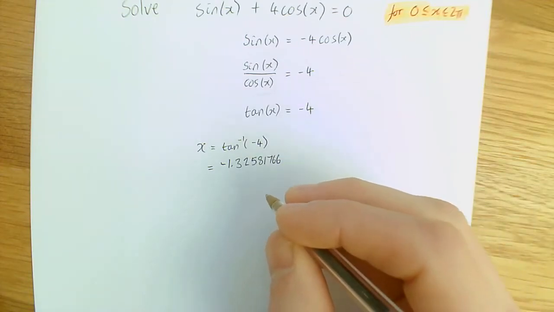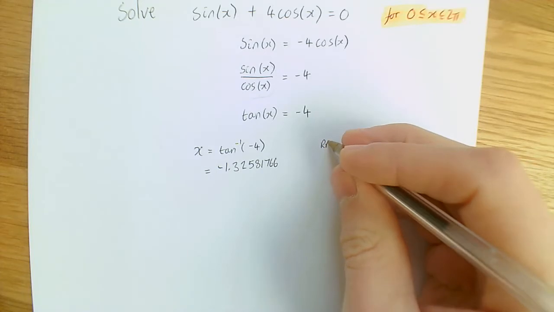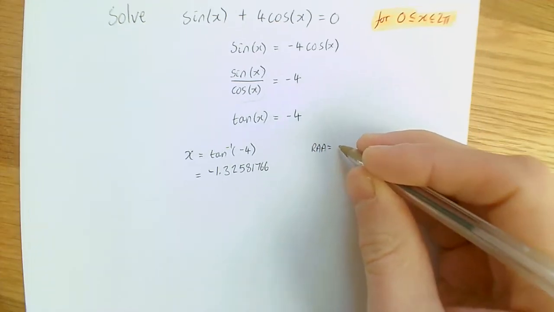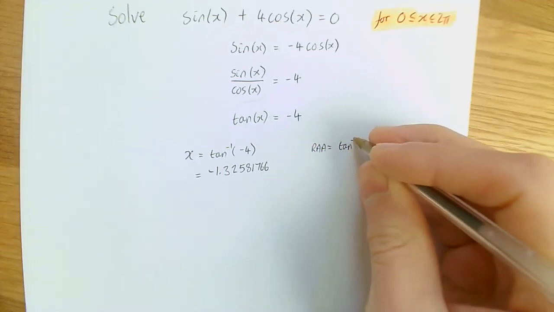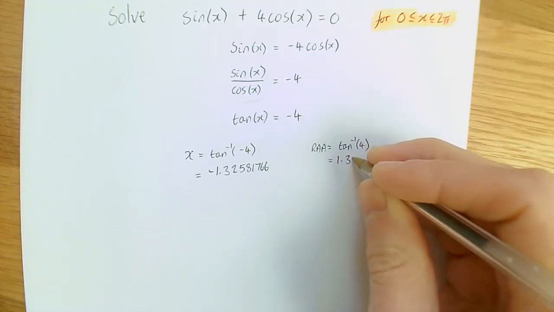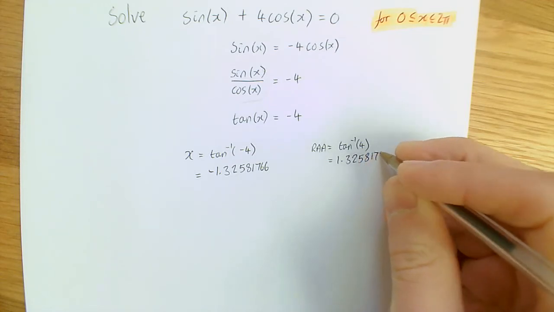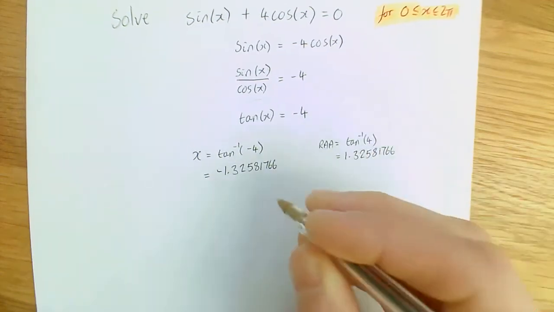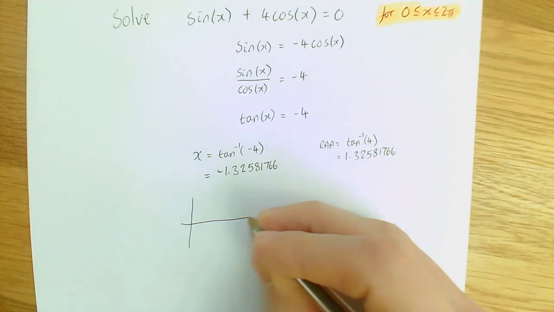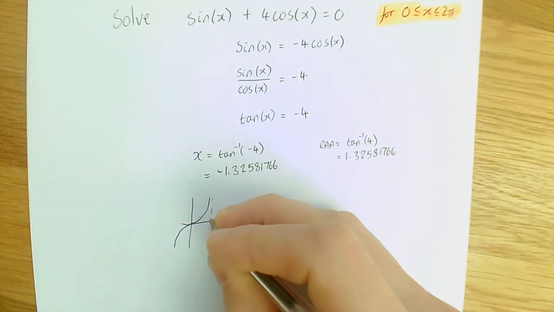So we get that, and that's not in range, so I'm not going to bother rounding it. Equally, you could have done your relative acute angle here if you are using a CAST method, and you get the same thing but positive, 1.32581766. Good. Using our graph, the tan graph looks something like this.